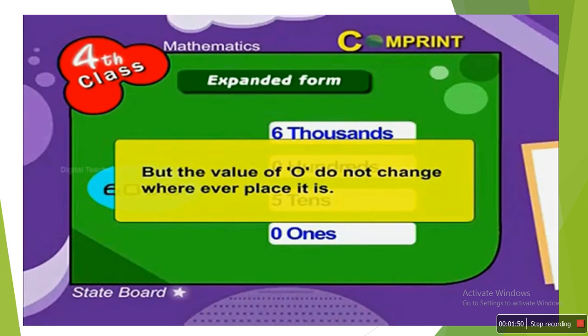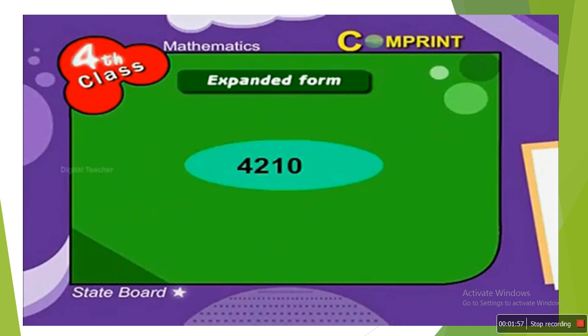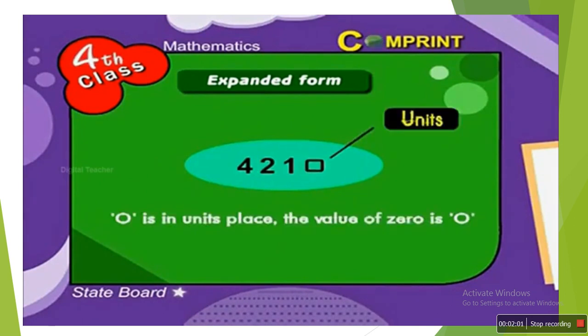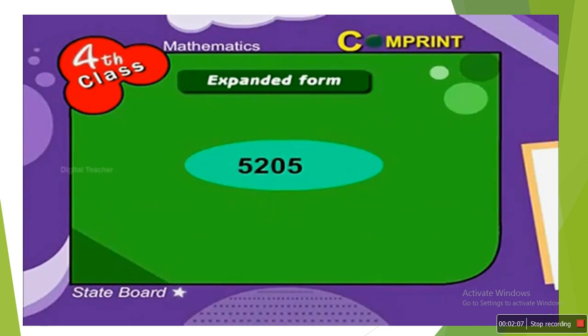But the value of 0 do not change wherever place it is. For example, 4210. 0 is in units place. The value of 0 is 0. In the number 5205, 0 is in tens place.